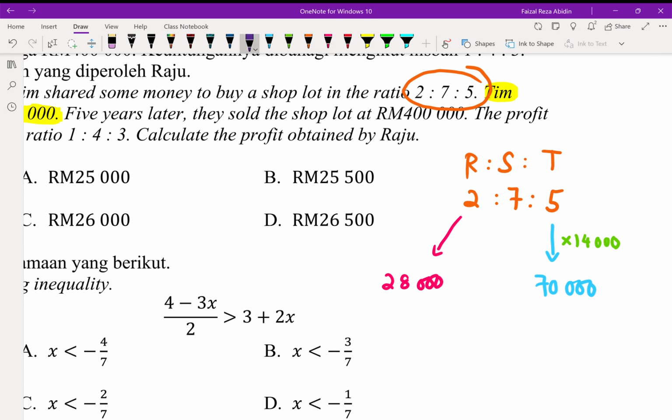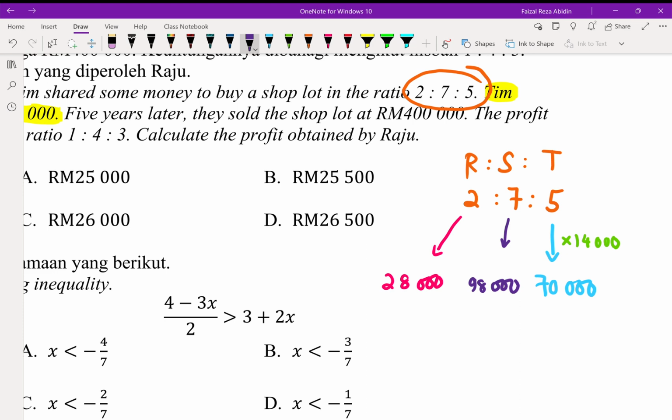For Salim, can I find for Salim? 7 times 14, you're going to get 98,000. Okay? So, from our ratio, it's given to us one of our friend there, Tim. So, we are going to have the relation there. So, we can find the contribution money from Raju and Salim. Did the question ask for that one? Not yet. Now, we proceed.